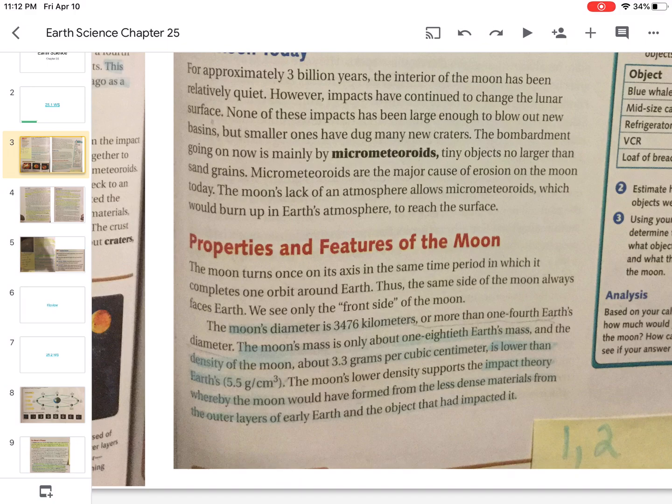Properties and features of the moon. At the bottom of the paragraph, it says the moon's lower density supports the impact theory, whereby the moon would have formed from the less dense material from the outer layers of early Earth and the objects that had impacted it.